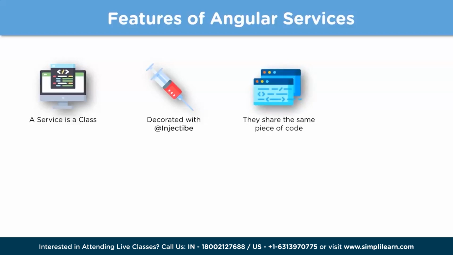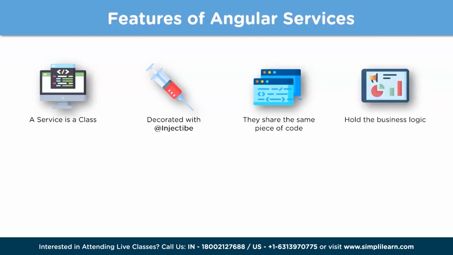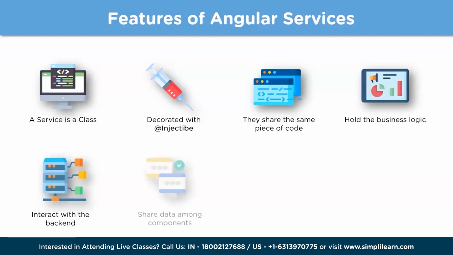They can also inject other services as dependencies. Now these services hold valuable business logic and can also be used to interact with the backend. For example, if you want to make AJAX calls, you can have methods for those calls in a service and then use it as a dependency in files. And as mentioned earlier, it can be used to share data among several components.